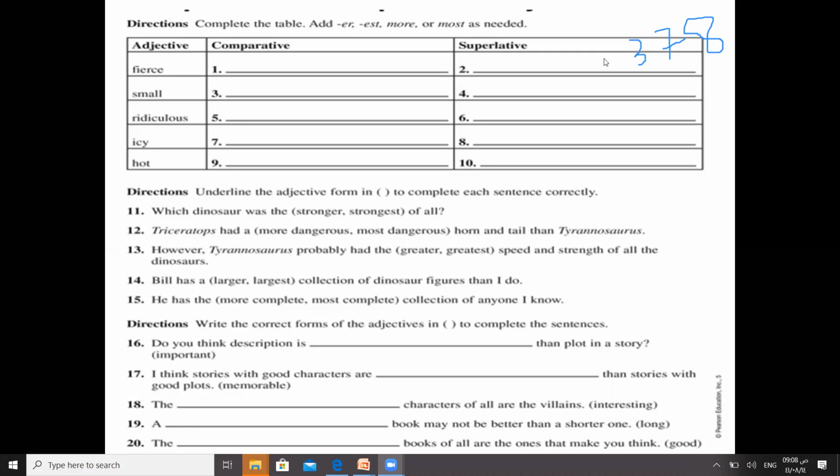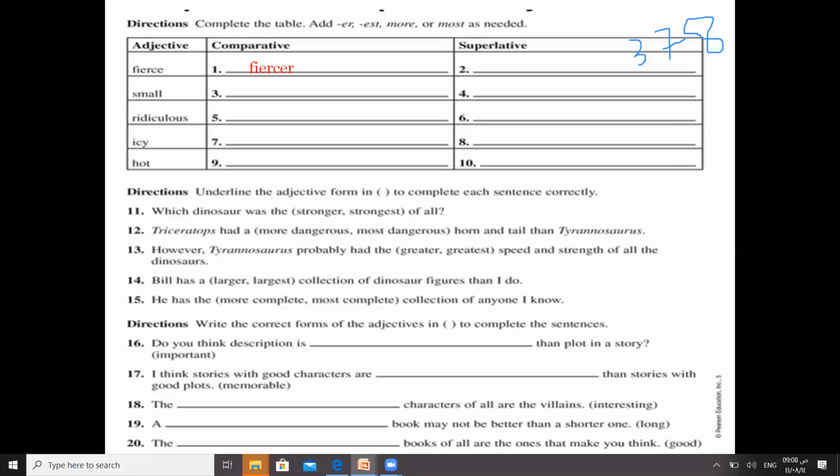Fierce. More fierce? Why more fierce? Because I have only two syllables here. Most. Fiercer. Most fierce.